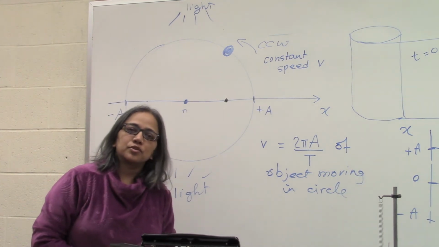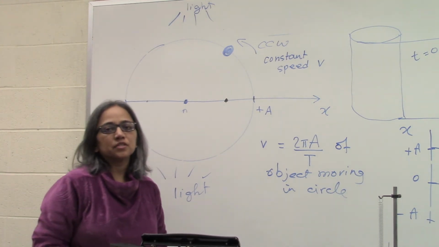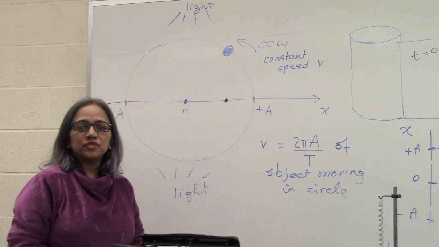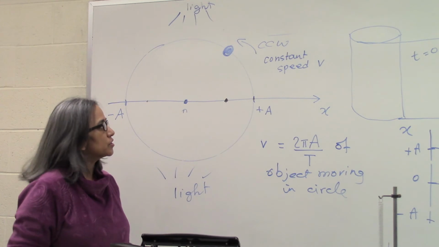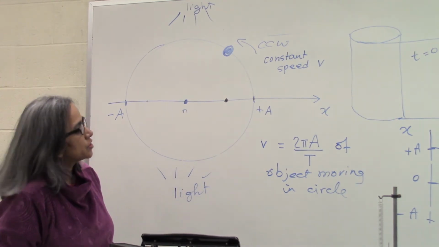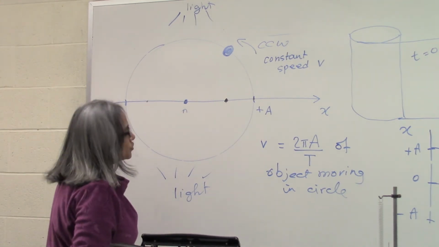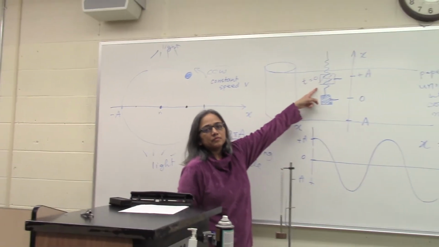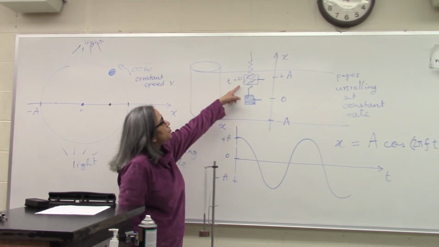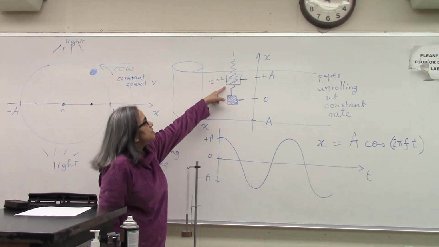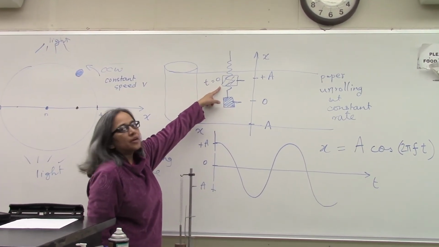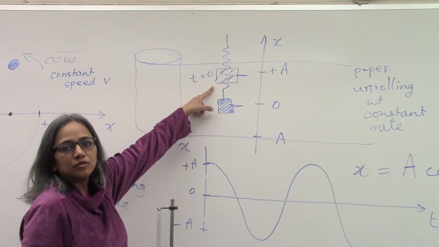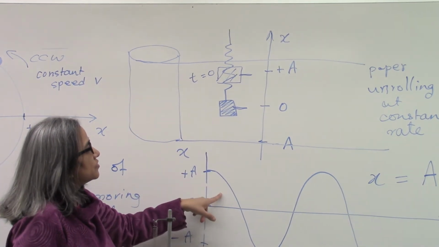And since we know about circular motion, since you've studied it in Physics 1, we should be able to get some idea of simple harmonic motion, oscillatory motion, from what we know about circular motion. So you can see, if we go back to this picture over here, that if we start our timer when the oscillator happens to be at plus A and going back downwards, we get the cosine function.